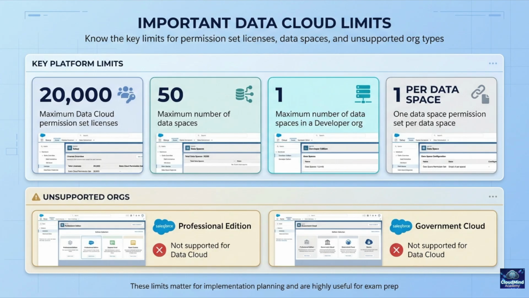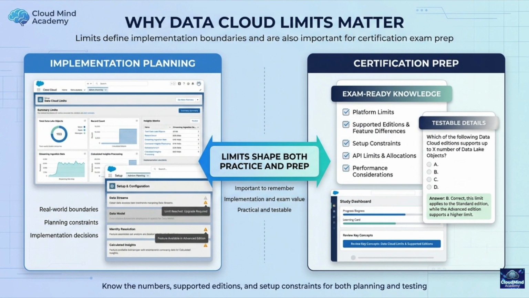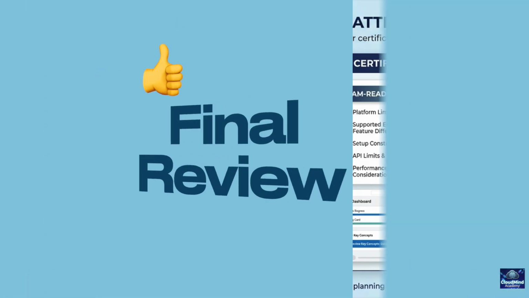And unsupported orgs include Professional Edition and Government Cloud. These limits matter because they help define the boundaries of implementation planning. They also matter for exam prep because Salesforce exams often test whether you know platform limits, supported editions, and setup constraints. So let's summarize the full picture.